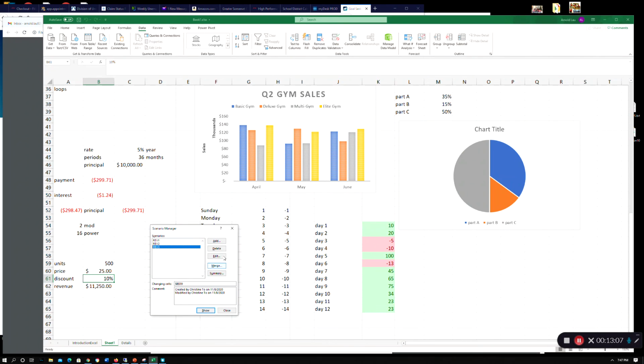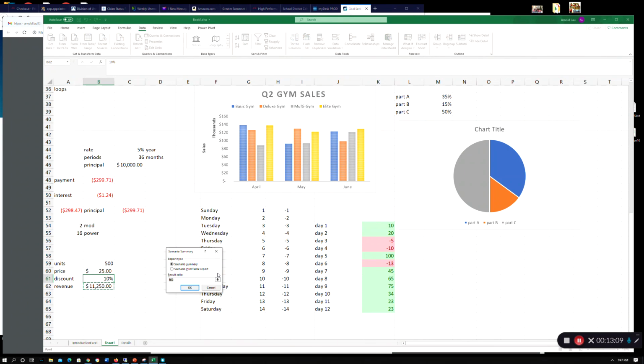And let's do the summary here. Basically, this result cell is the 62 here, right? So I want to see when I change all of the units, 500, 600, 700, 800, what does my revenue become? Okay, so let's see.